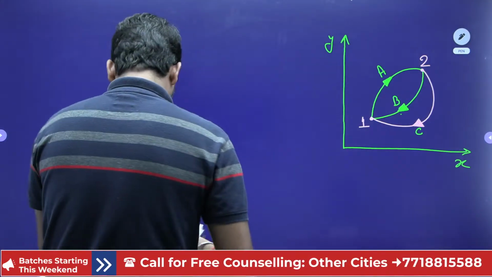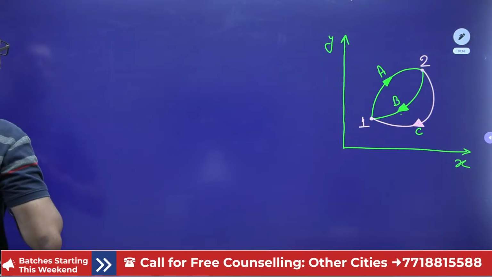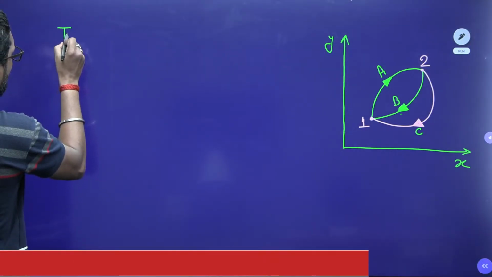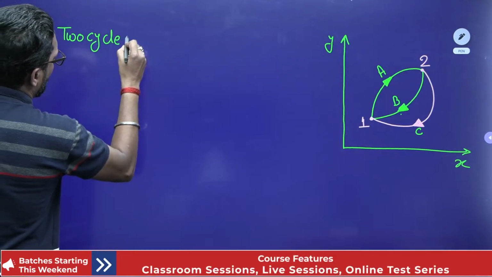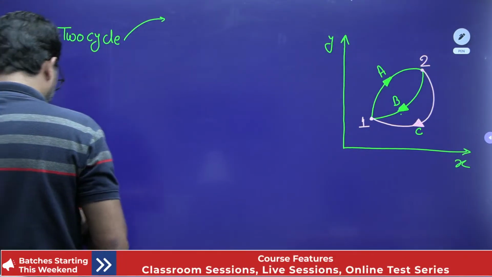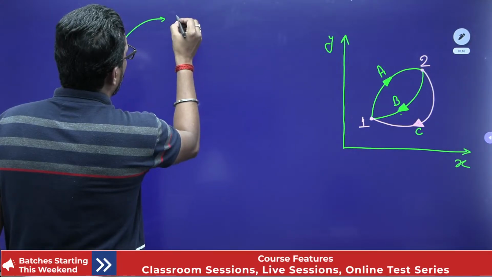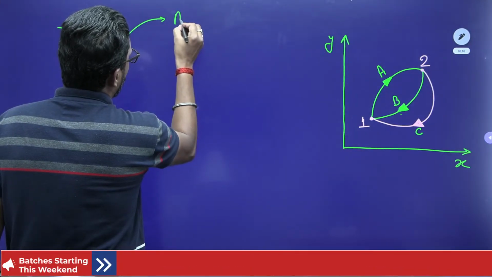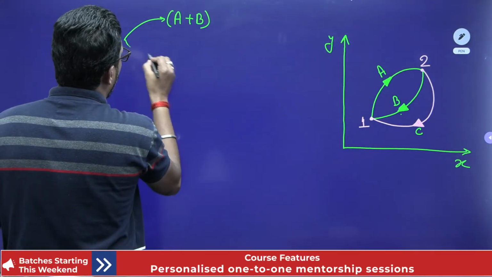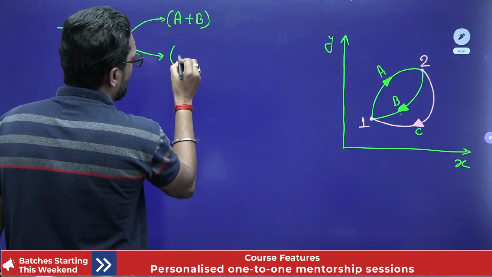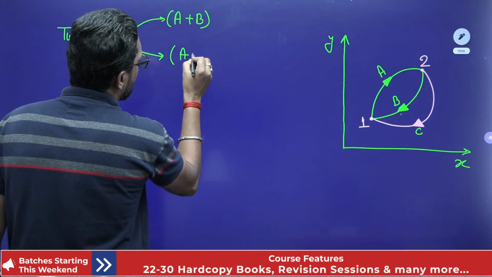Okay. So, there is a 2 cycle. Yes or not? What is the 1 cycle? One cycle is A plus B and the other is A plus C. Yes or not?